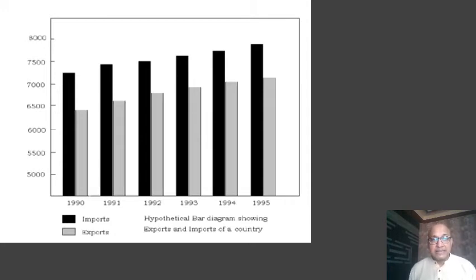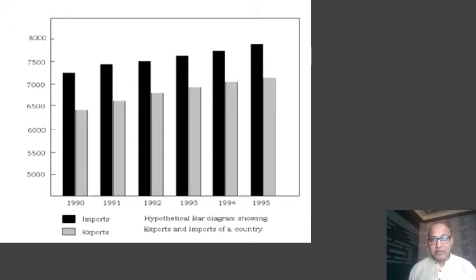A bar diagram consists of a group of equally spaced rectangular bars, one for each category or scale of the given statistical data. The rectangular bars are differentiated by different sets of colors. The bars stand on a common baseline, must be of equal width, and their length represents the value of the statistical data.